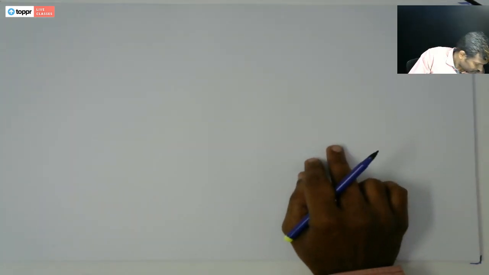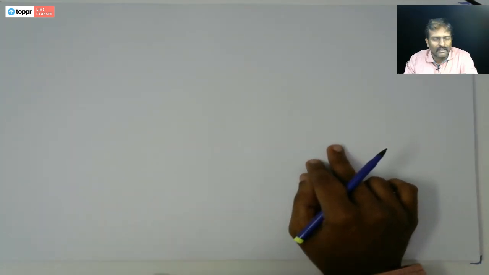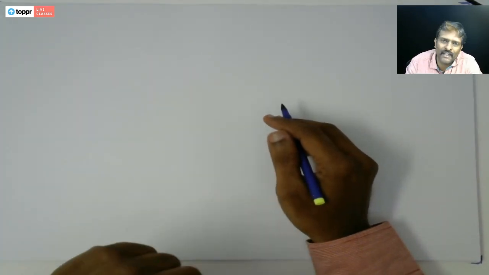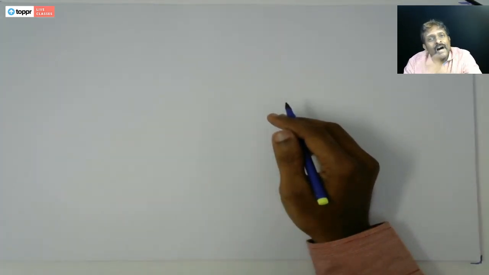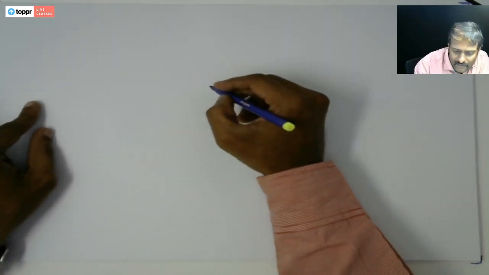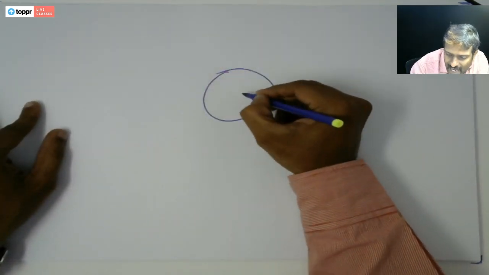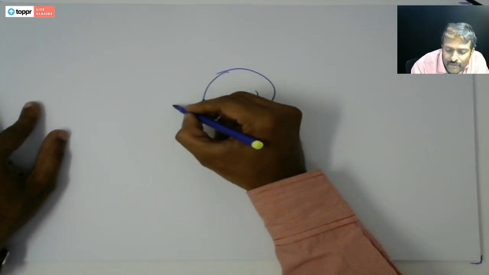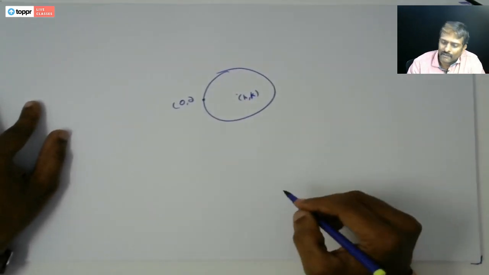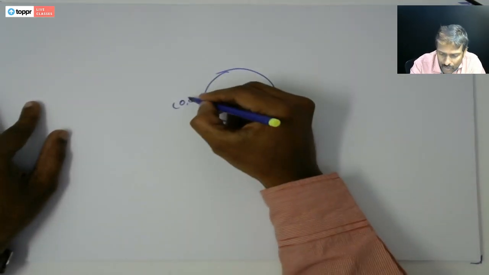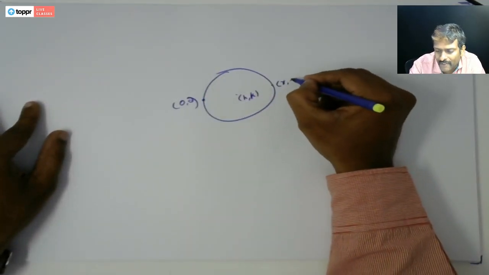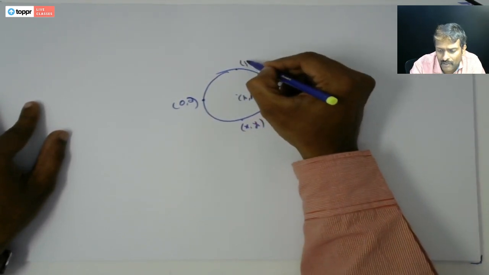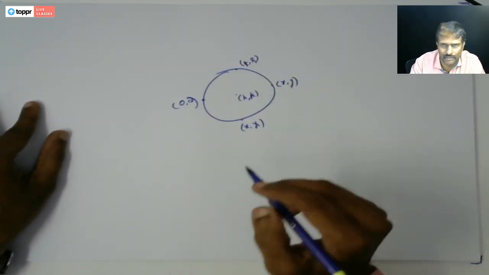Now let us talk about a peculiar case where the circle's center is at h comma k and it passes through the origin. Say the circle has a center at h comma k and it passes through 0 comma 0. There are other points too, not only 0 comma 0: x comma y, x1 comma y1, p comma t comma s, whatever you take.